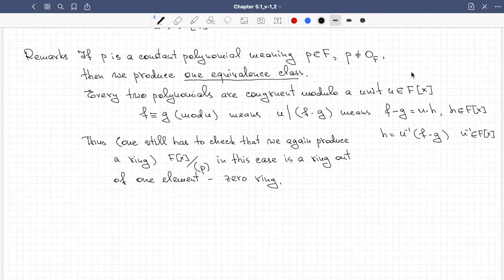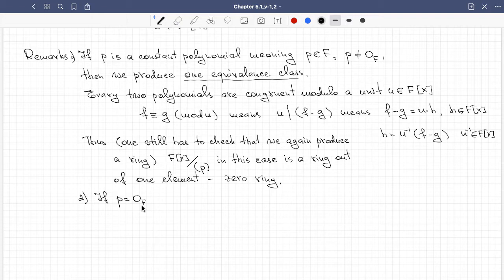Alright, but this was the first remark, and the second natural question would be, what happens if we use this condition, if P equals 0?